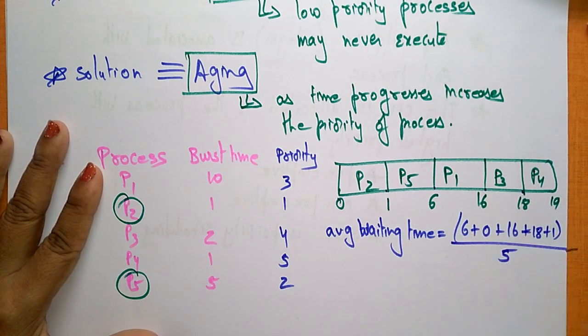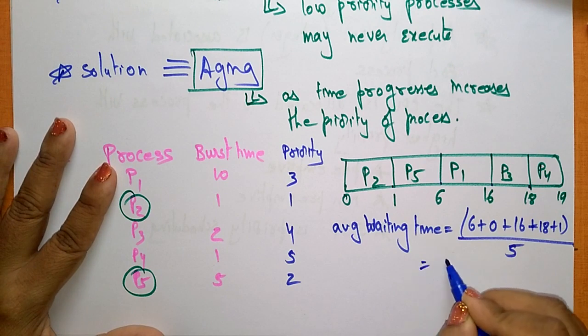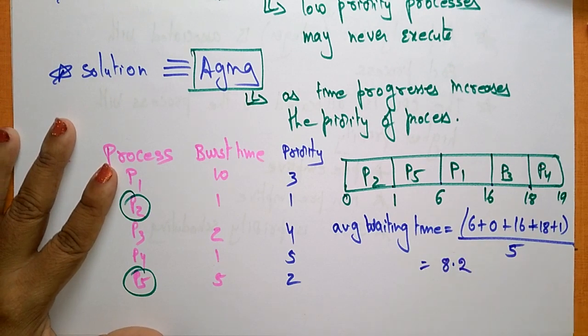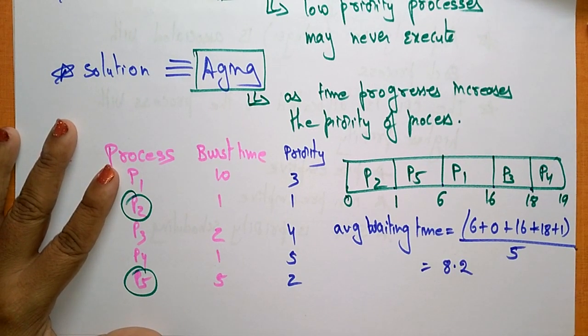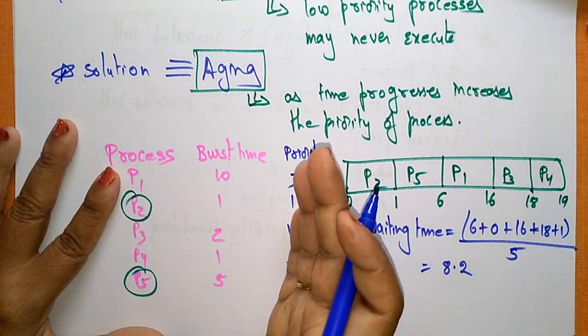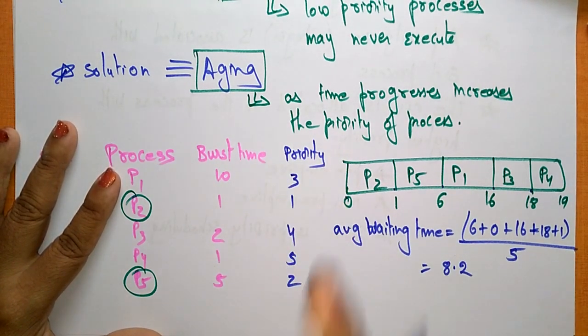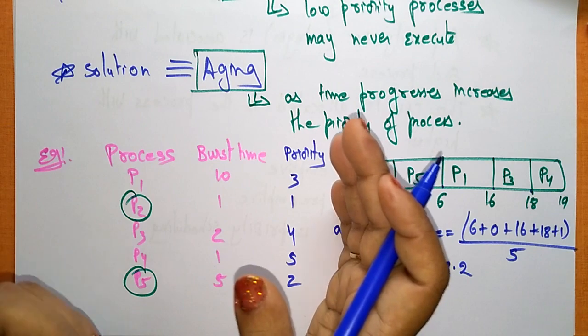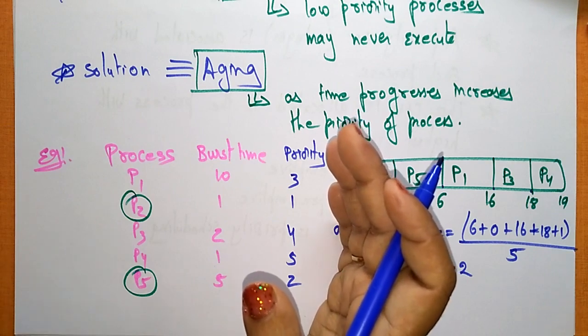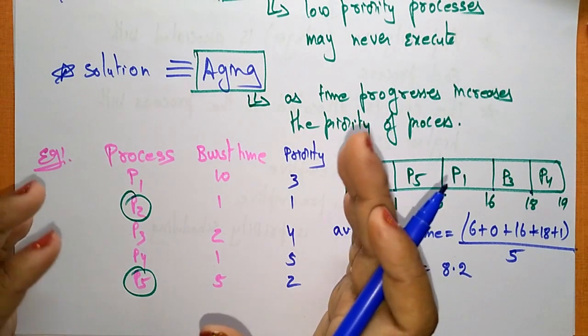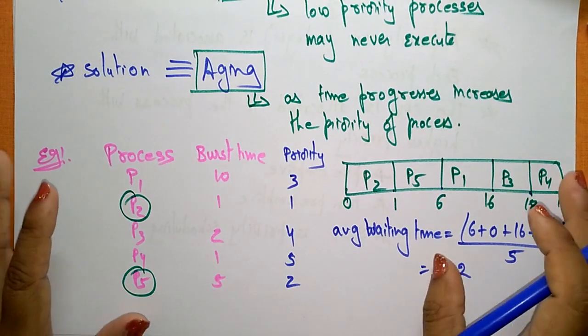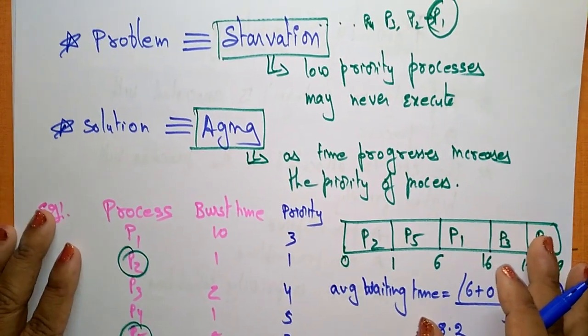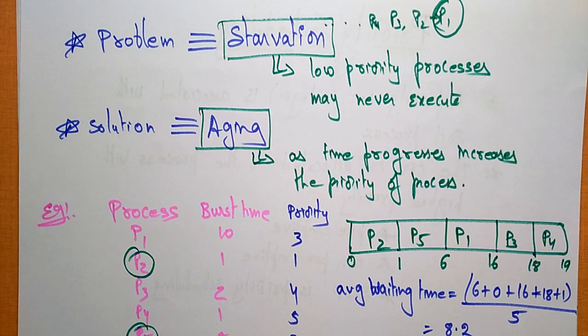The total is 41, divided by 5, so you get 8.2. That is the average waiting time. The drawback of priority scheduling is only the starvation of low priority processes. So this is about the priority scheduling algorithm.